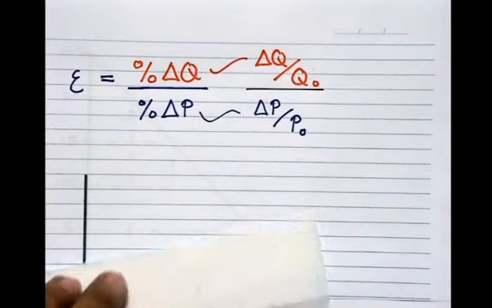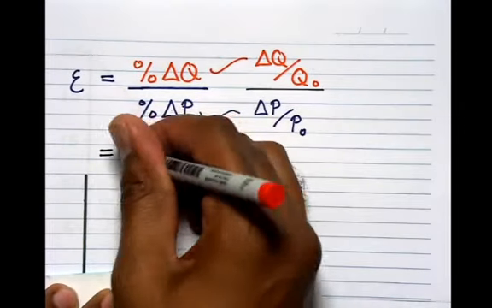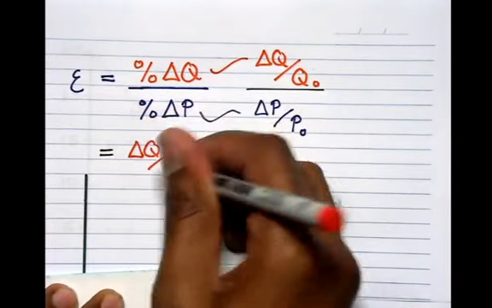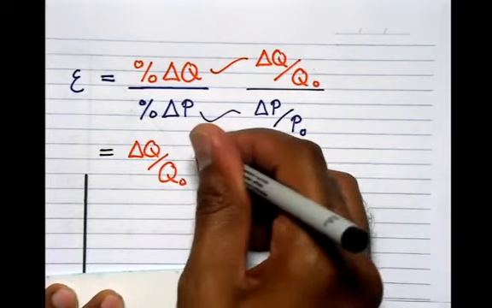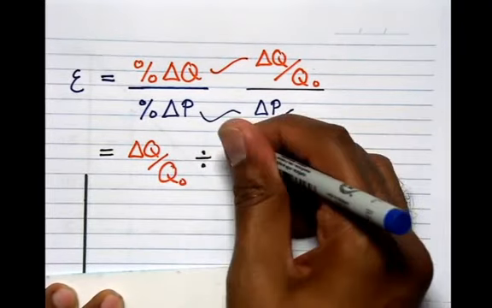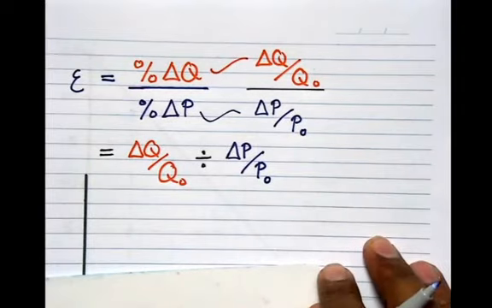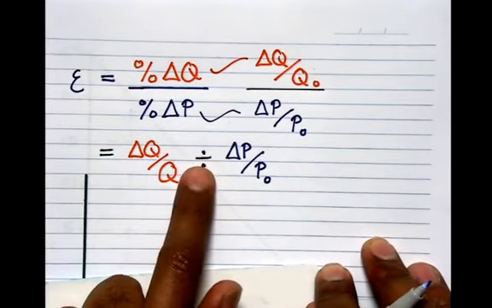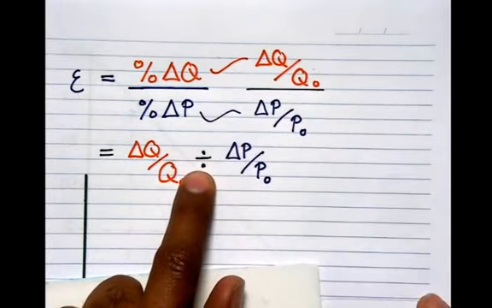Now, that is exactly the same if I write it this way. Delta Q over Q0, divided by delta P over P0. Yes? That's just a division sign. Yeah, that's a division as well.